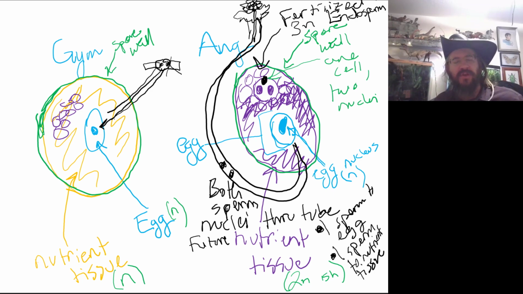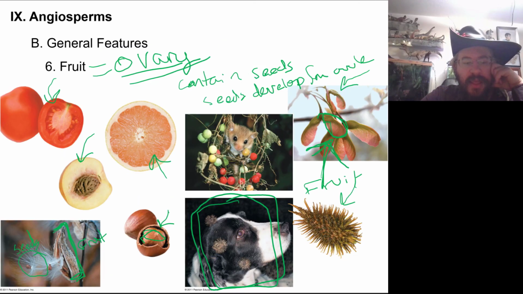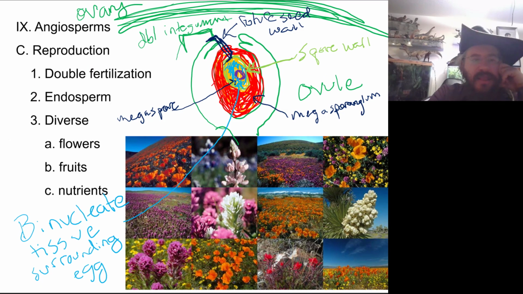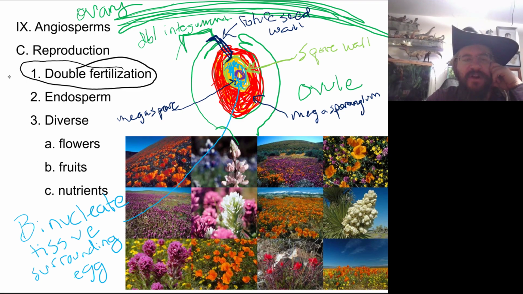So angiosperms are the world champions in dormancy. Okay, so there we go. That was from this slide. Double fertilization, because one sperm nucleus fertilizes the egg, one sperm nucleus fertilizes the nutrient tissue to create triploid endosperm.